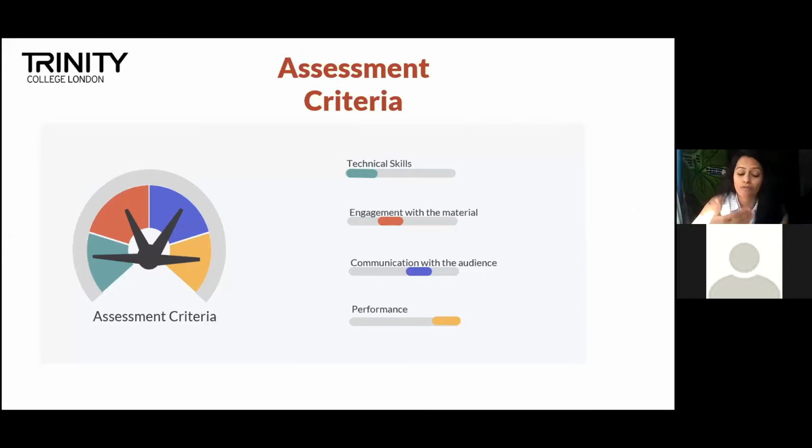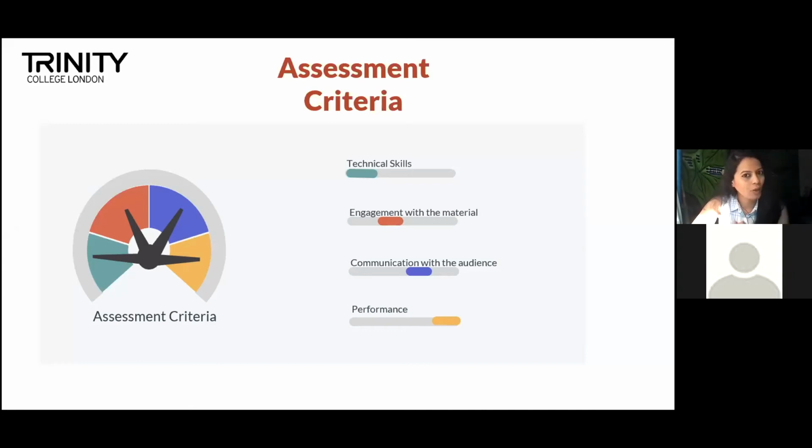And when it comes to physical skills, it will be how you are using your body, how you are using the movement with regard to the space and the property at hand, if you're using one. Coming to engagement with the material, it would come back again to interpretation and how persuasively you interpret and perform, how convincing, sustained and accurate your performance is.